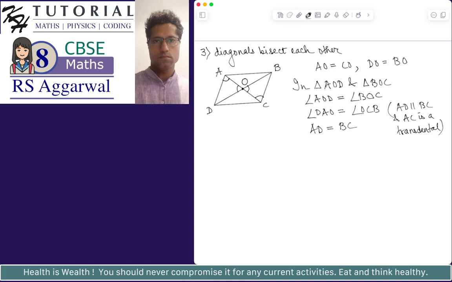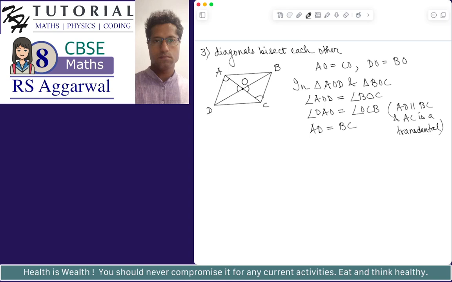Somehow this angle is equal to this angle. If we consider these two triangles AOD and BOC, without using the fact that the opposite pair of sides are equal, we cannot prove them to be congruent.